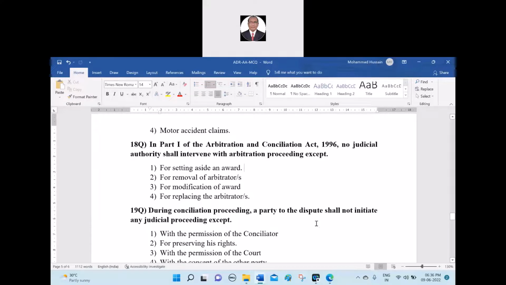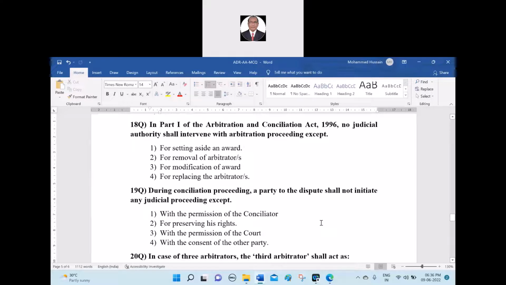Okay, 19th question. Can anybody unmute and read? During the conciliation proceeding, a party to the dispute shall not initiate any judicial proceeding except, option 1, with the permission of the conciliator. 2, for preserving his rights. 3, with the permission of the court. 4, with the consent of the other party.